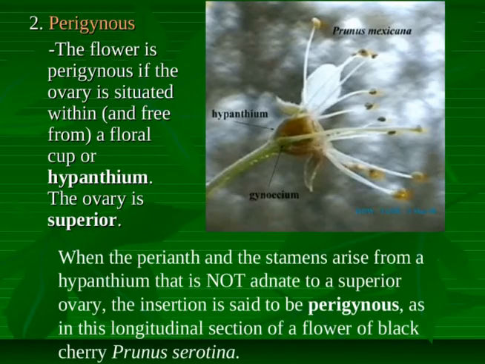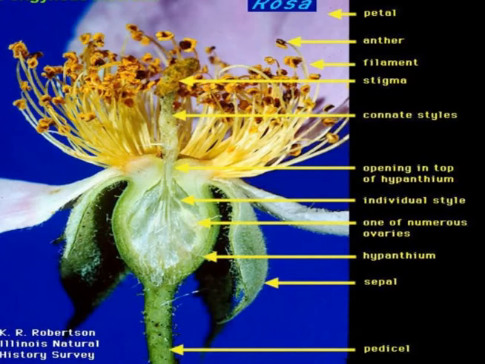And in perigynous, the ovary is halfway. As I told you, in the perigynous condition, see this diagram, the ovary is halfway.